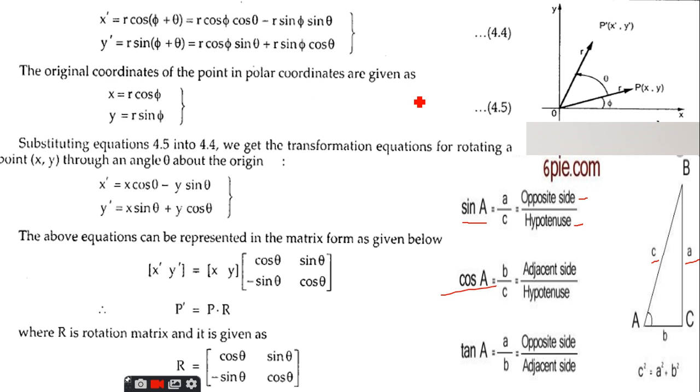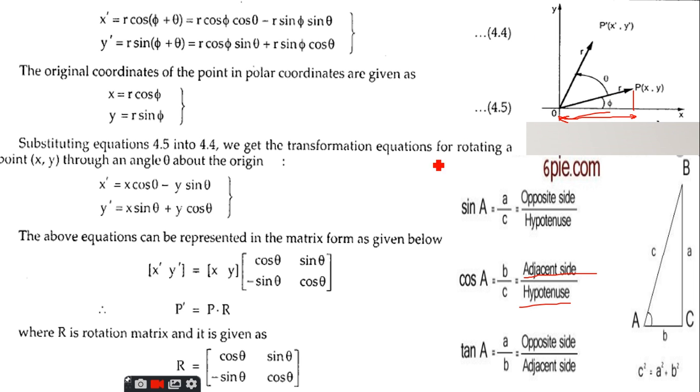The original coordinates, x and y, we have to find first. Now cos phi is adjacent divided by hypotenuse, that is x by r.